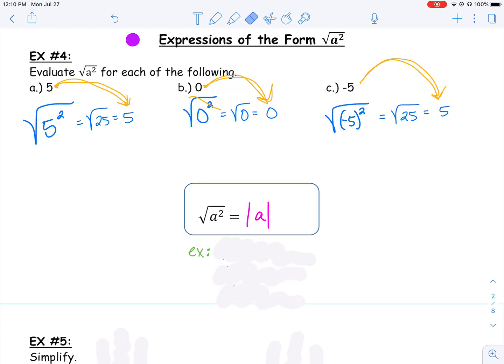The absolute value of 5 is 5, isn't it? And the absolute value of 0 is 0, isn't it? And the absolute value of -5 is +5. So that works, doesn't it? If I square root a squared number, then I can say that my answer is really just the absolute value of that number that was inside.